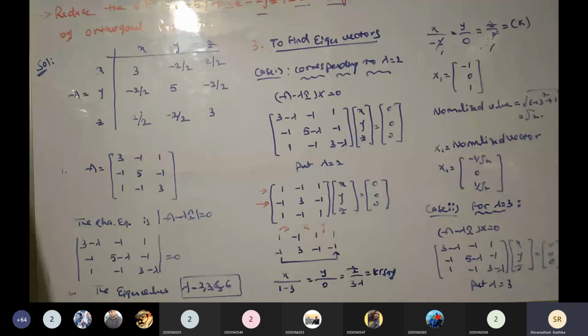Question is not visible. Reduce the quadratic form. Quadratic form also not visible. No, ma'am, not visible.